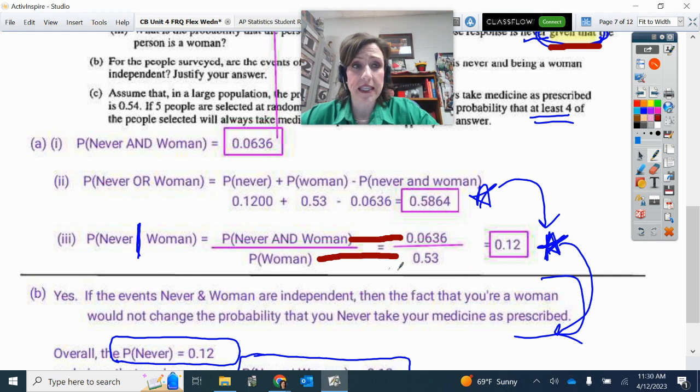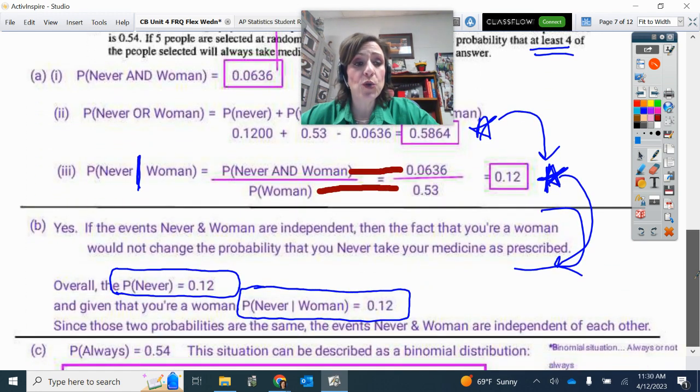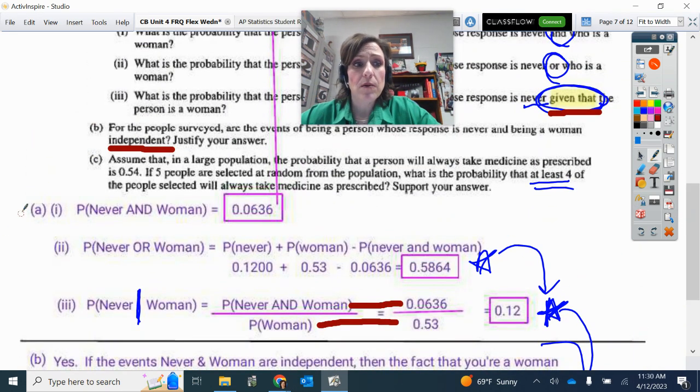Now, they very carefully set you up with all of these things because you're going to use them in Part B. Part B says, for the people surveyed, are the events being a person whose response is never and being a woman independent events? Justify. Now, real quickly, you would get full credit for Part A. So you would get an E if you had all three of these numbers with the accompanying work.